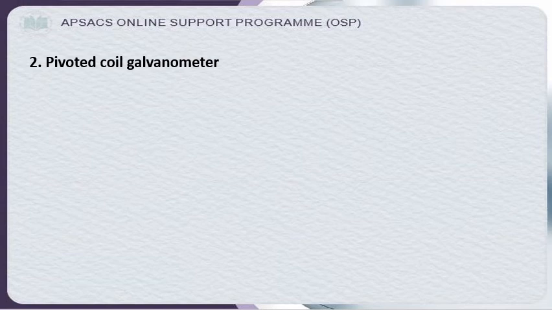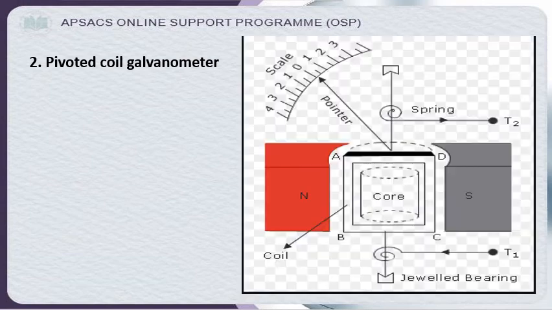Next is the pivoted coil galvanometer. This is the construction of the pivoted coil, and you can see that the core, the rectangular coil, the permanent magnet, and the pivot points are all the same. Just one thing is different: instead of the coil being suspended, there are two springs placed here.